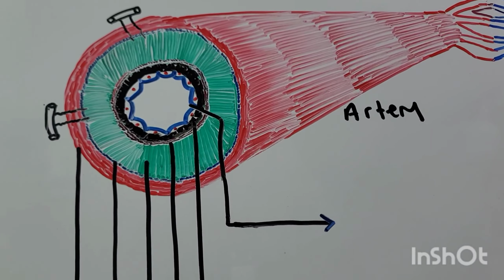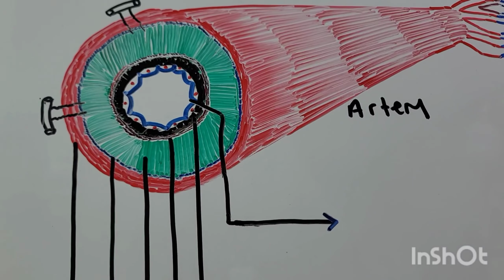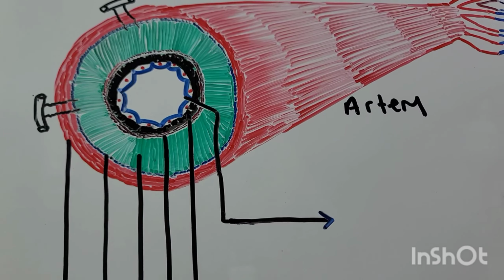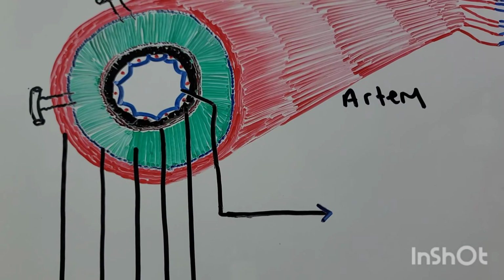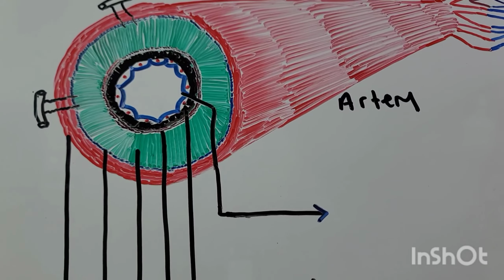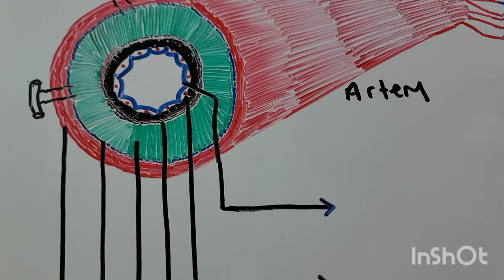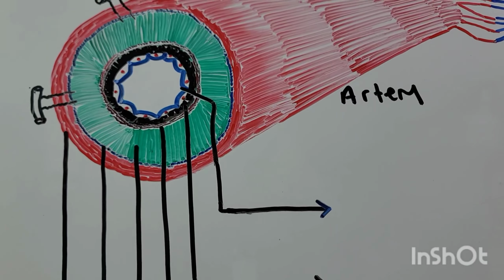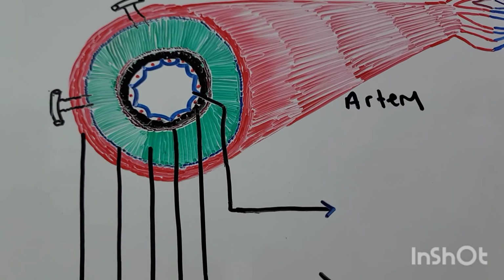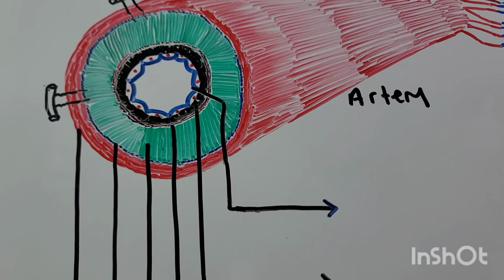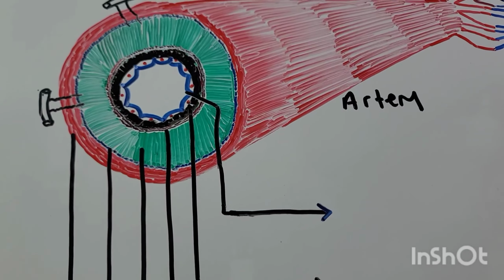At the back of your mind, you have to know that the blood vessels have three layers: the tunica intima, which is the innermost, then the tunica media, which is a smooth muscle layer, and then the last one outside, which we call the tunica externa. Let's see each one of them and how they are arranged, starting from inside going outside.